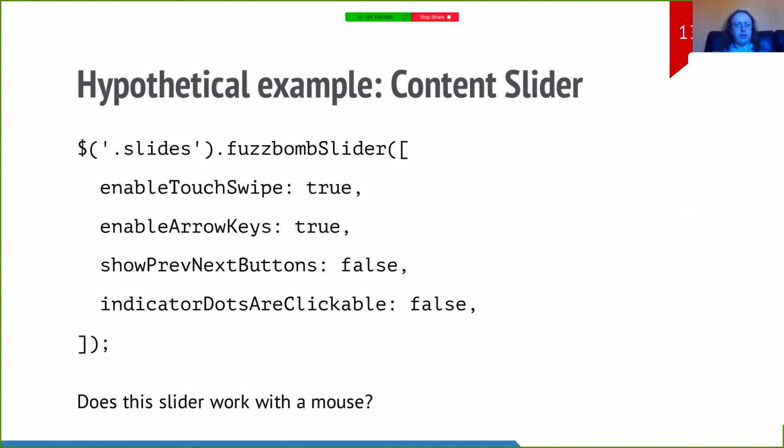We know that people use the keyboard, so we'll enable the arrow keys, but we don't want any visual clutter, so we're going to disable the previous and next buttons. And sometimes the sliders have a little row of dots which indicate which slide you're on, and we're going to say that those aren't clickable.